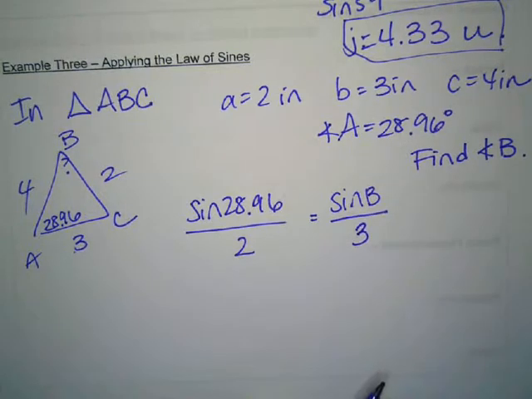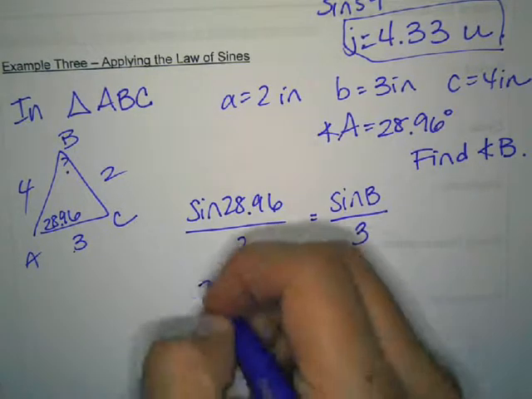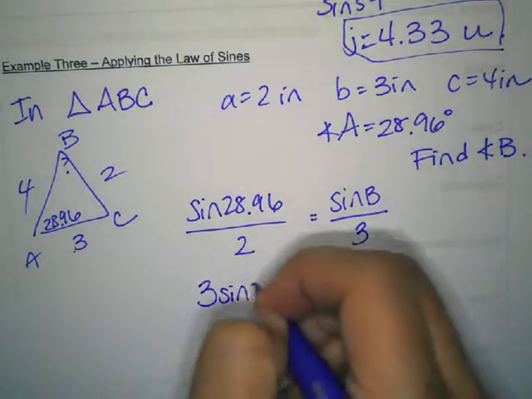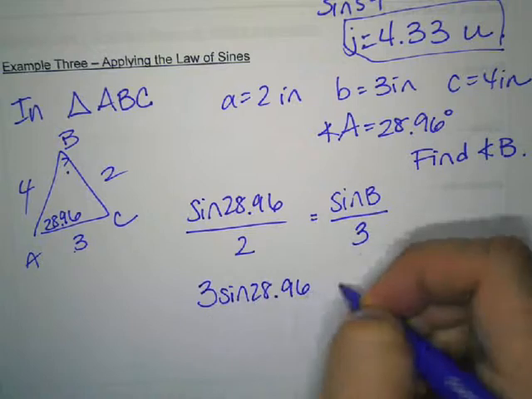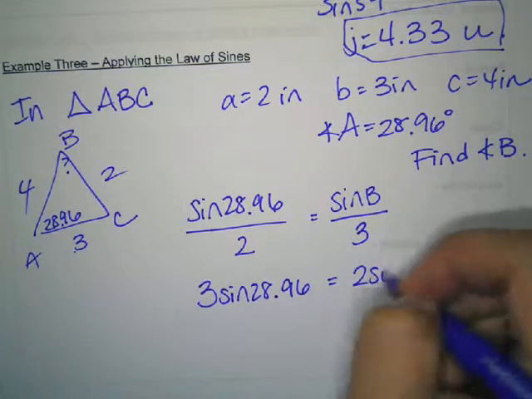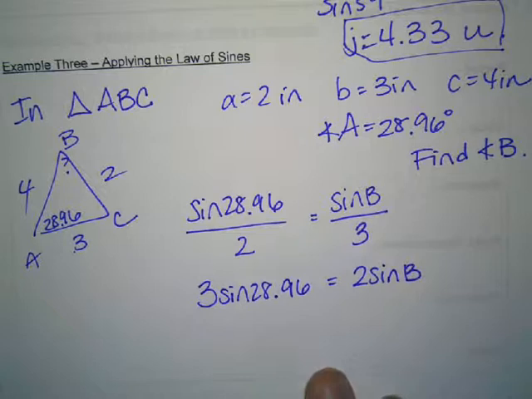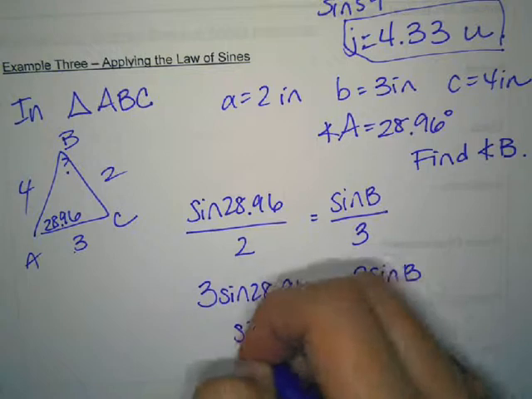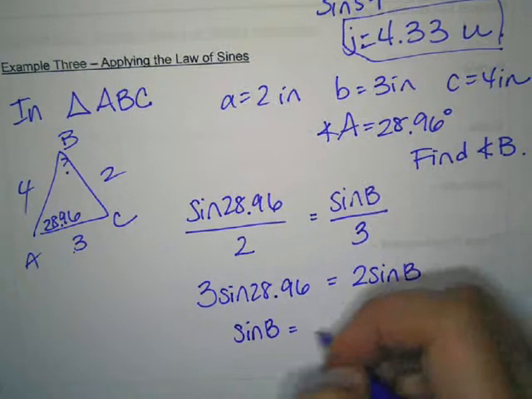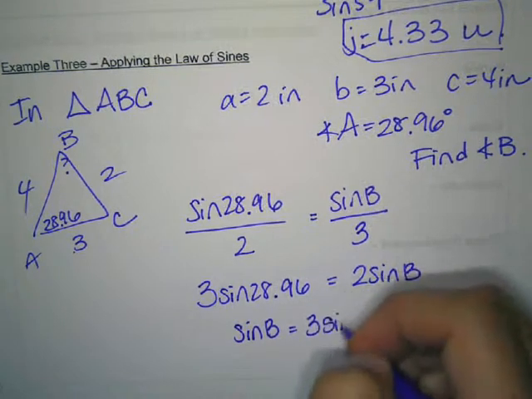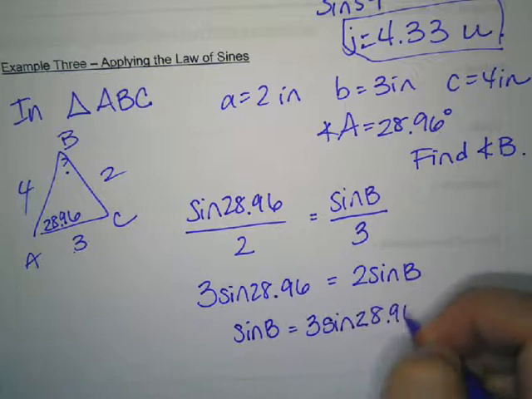We still set it up kind of the same way. So we're going to cross multiply still. And you get 3 sine of 28.96 equals 2 sine of B. And so sine of B is going to equal 3 sine 28.96 divided by 2.